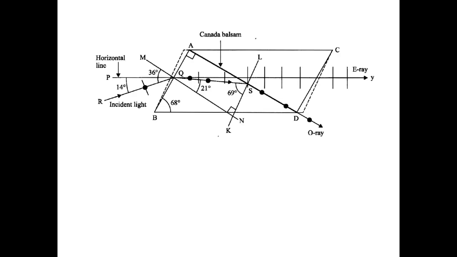It can be calculated that for this to happen, the angle of incidence I for incoming unpolarized light at the left hand face must be less than or equal to 36 degree, or the maximum angle of incident light with the horizontal must be 14 degree.